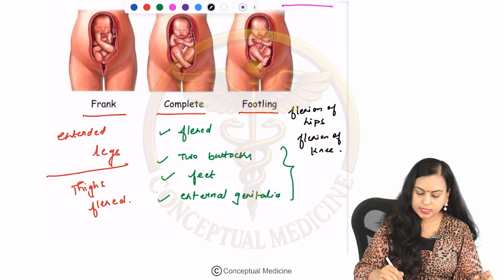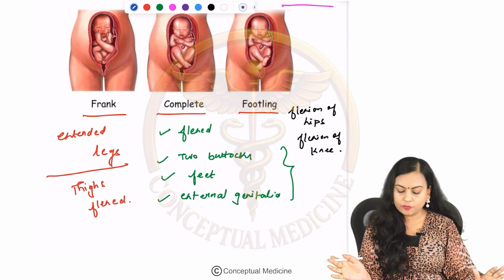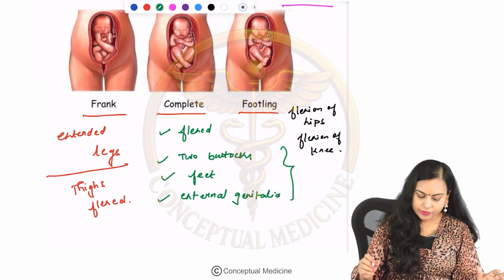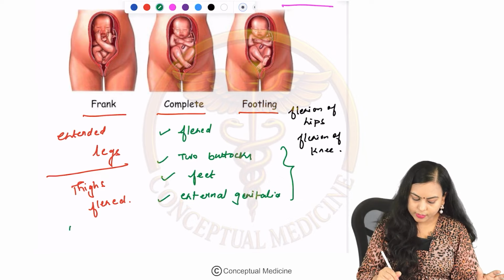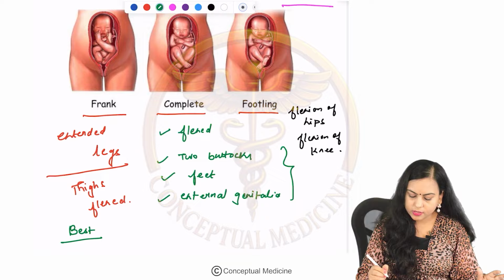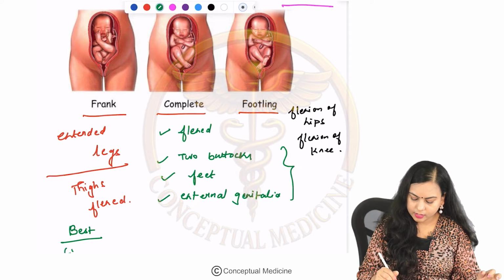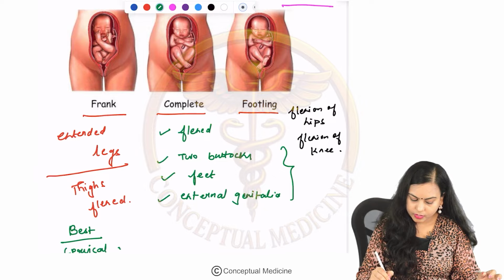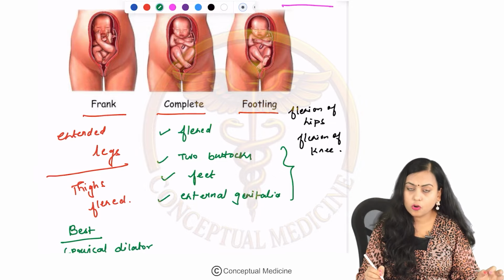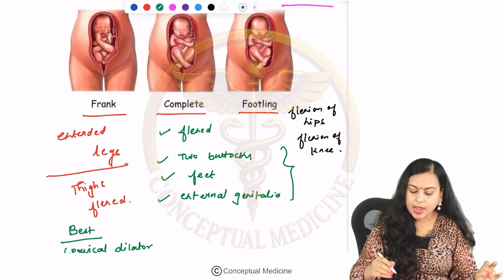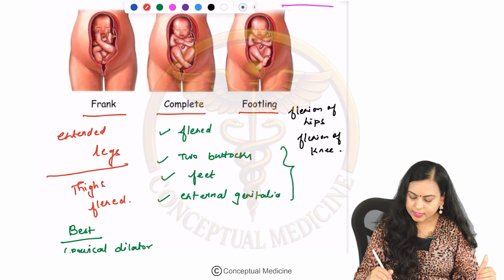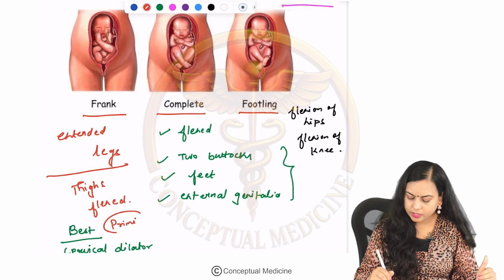So, this is a breech presentation. Now, if you see in these three types of breech, the frank breech prognosis is going to be best, because the presentation itself is going to act as a cervical dilator here, and the chance of cord prolapse is also going to be less, and this is most commonly seen in primigravida, right.